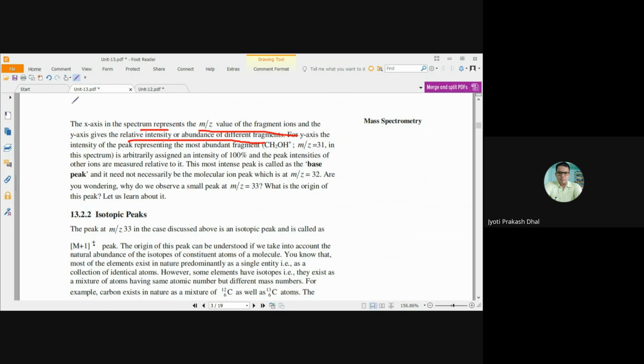The intensity of the peak corresponding to the most abundant fragment, that is CH2OH plus, which has m by z value 31, is arbitrarily assigned the intensity of 100%.